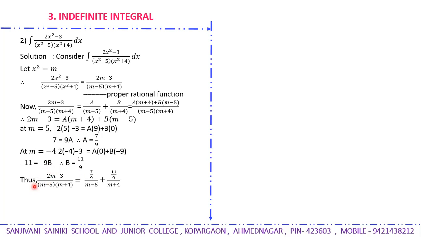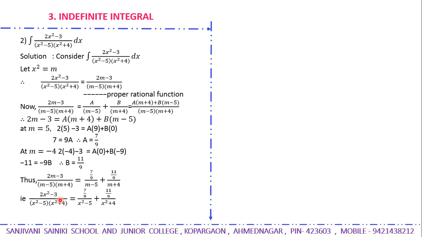So the given function I can write as (7 upon 9) upon (m minus 5) plus (11 upon 9) upon (m plus 4). You got it? But what is m? m is x square. We are not using the substitution method here. We are just replacing it to find the partial fractions, only up to partial fractions.